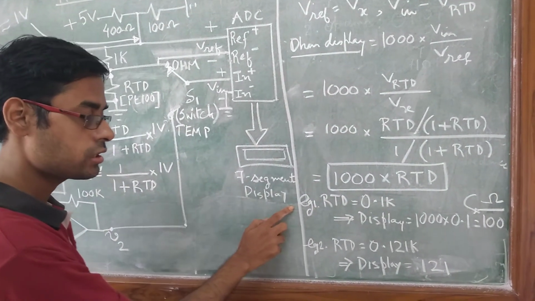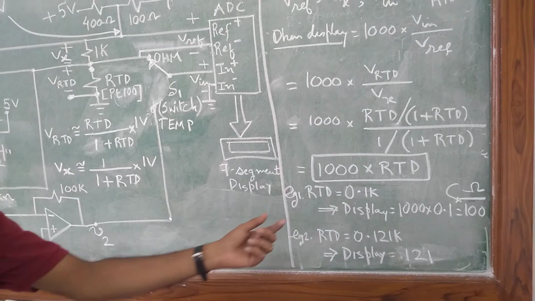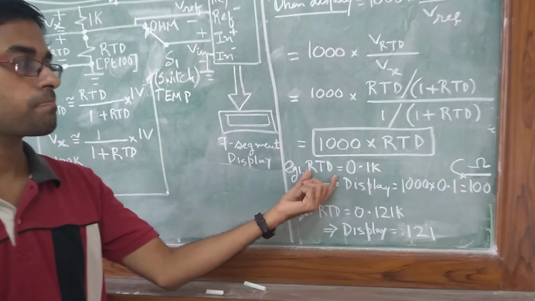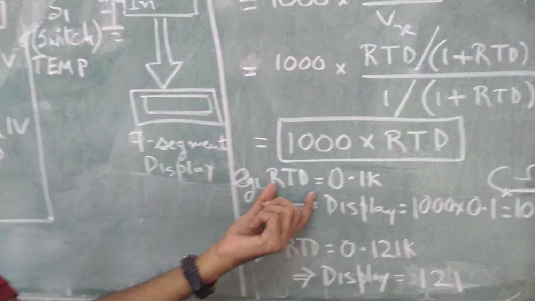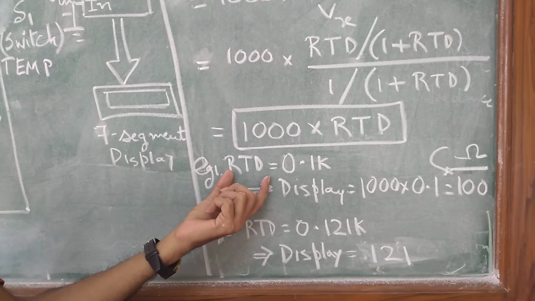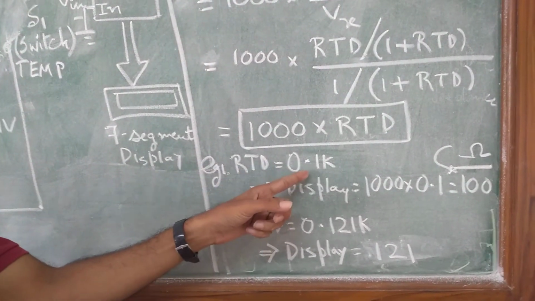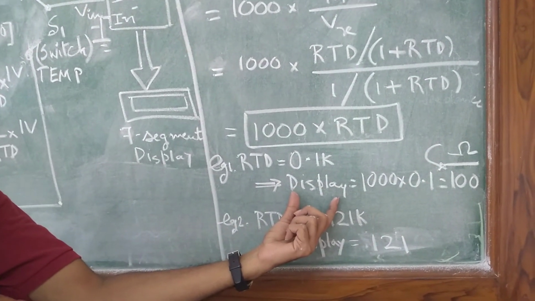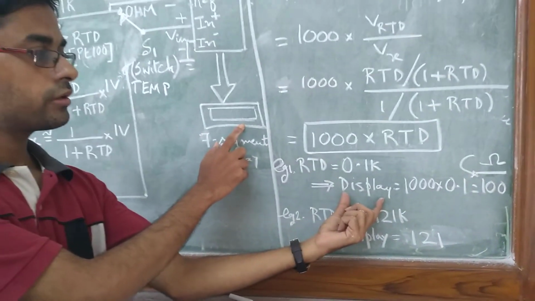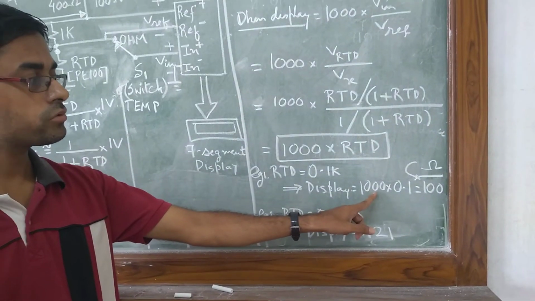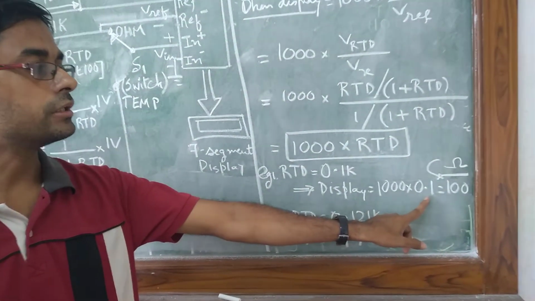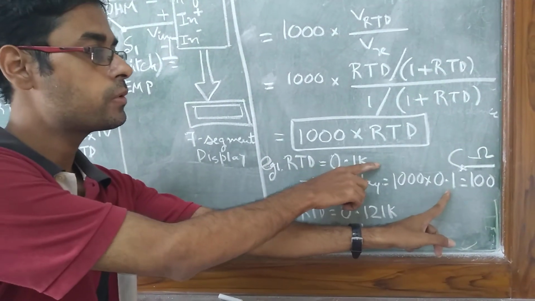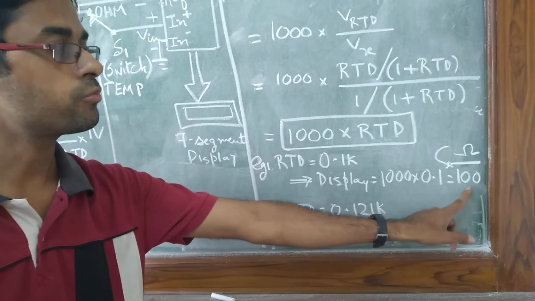If you consider one example, this is a PT100 RTD. So at 0 degree centigrade, you should have 100 ohms, which is equivalent to 0.1 kilo ohms. So the ohm display over here should be 1000 multiplied by RTD, which is 0.1 kilo ohm, and you get 100 ohms.